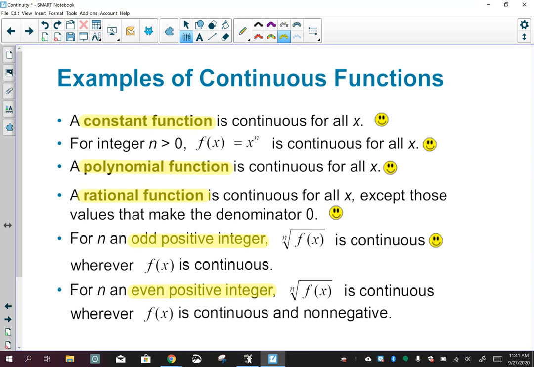And if you have an even root, it's continuous wherever f of x is continuous and non-negative. So we want to make sure that on an even root, the inside never goes to a negative number. As long as you don't hit a negative number, then you will never be discontinuous, because then you would have an imaginary number if you did that. Okay.